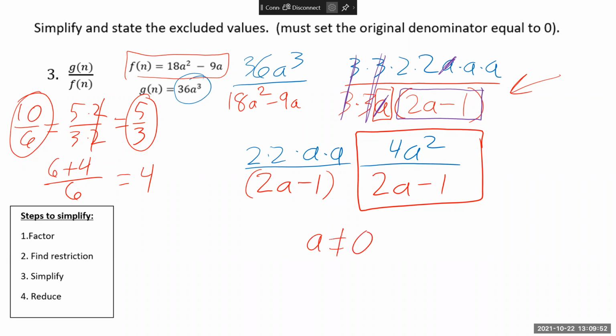The 2a minus 1, I need to know what makes that 0. If I'm not sure, I can do 2a minus 1 and set it equal to 0. I can add 1 to both sides. 2a equals 1. I can divide by 2. And a is 1 over 2. But again, I want it to not be 1 over 2. That's what it cannot be.